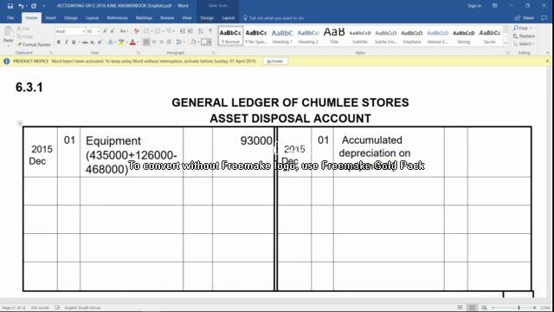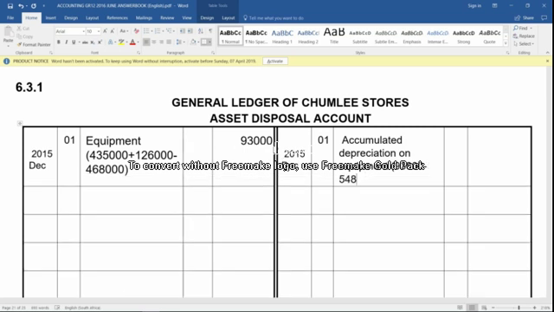And we said we have the cost of 93,000. We have to subtract the 54,800, which is the accumulated depreciation, and then multiply by 9, divide by 12.